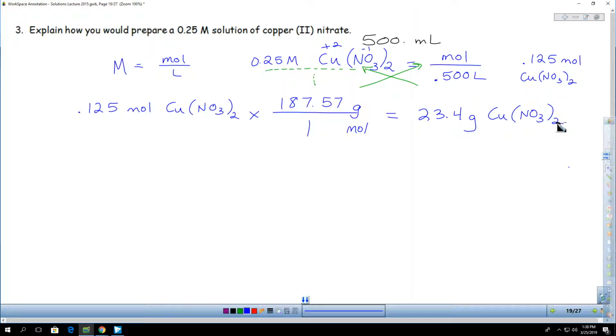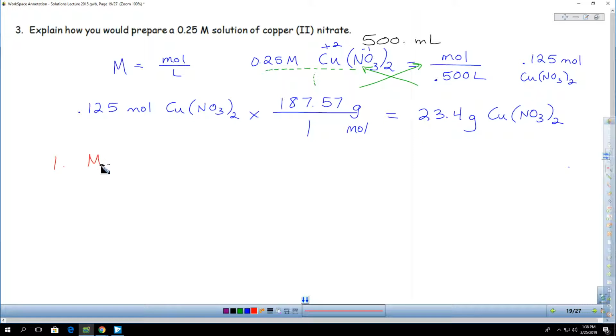Okay, so here we solved for moles and then converted moles to grams. This is great. Now the question says to explain how we are going to prepare the solution. Fabulous. Step 1.